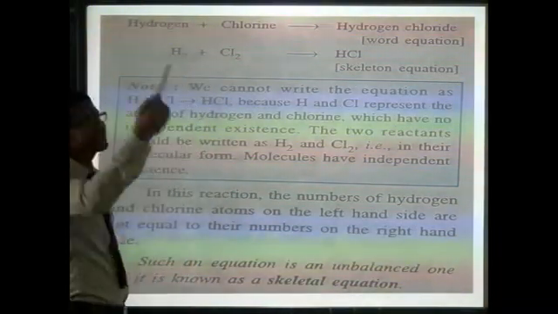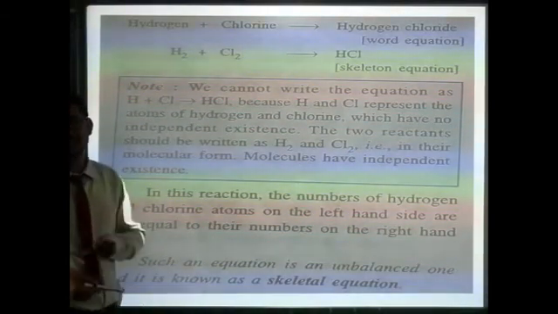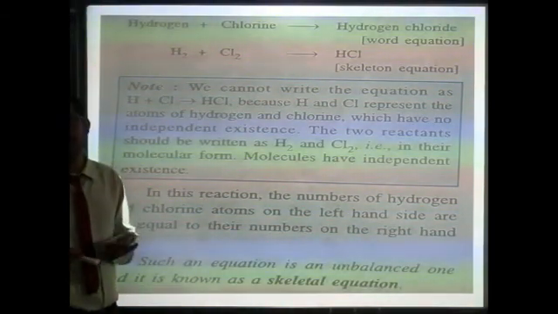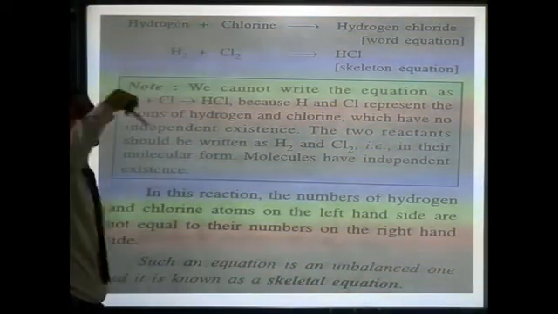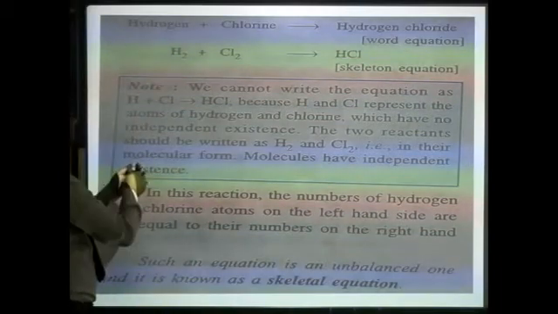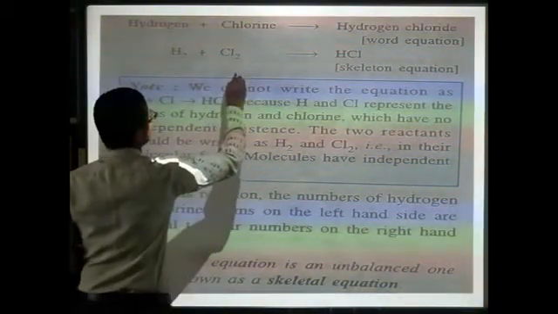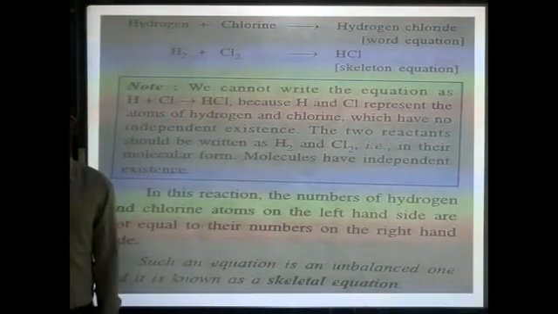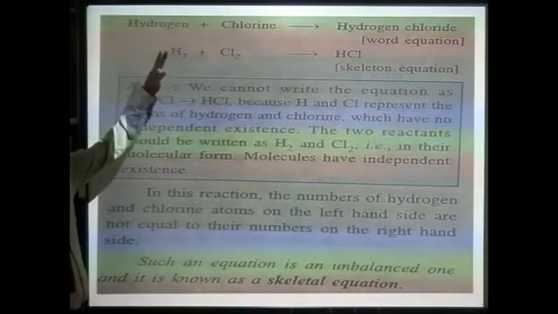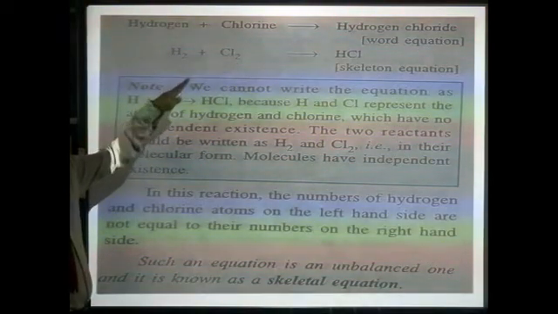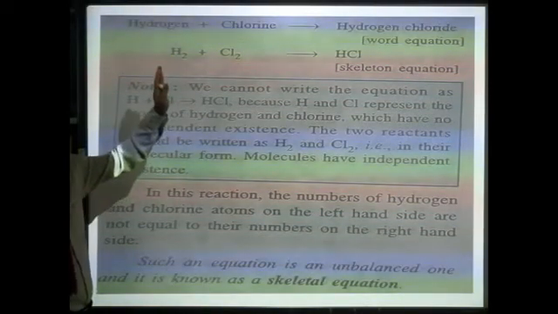Then, in order to write a chemical equation, I have to write it in the form of symbols and formulae. So hydrogen is diatomic. I cannot write H. Can I write H plus Cl? No, I cannot write that. Because in nature, hydrogen does not exist in the form of an atom.